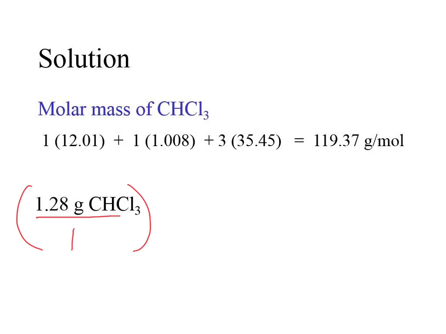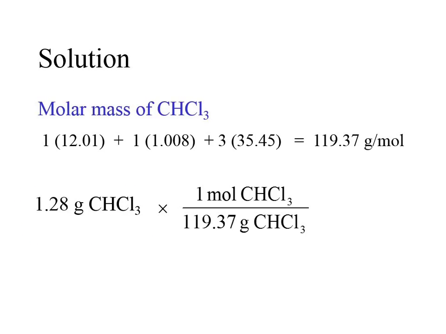So in the next term, I want grams to cancel, and I want to be left with moles. So do we use the molar mass like I did it, or do we flip it? How many people think we use it as it is? How many people think we flip it? Oh, there you go. We do flip it.